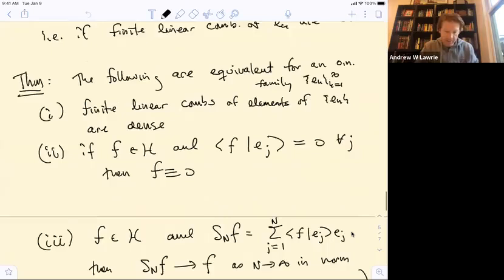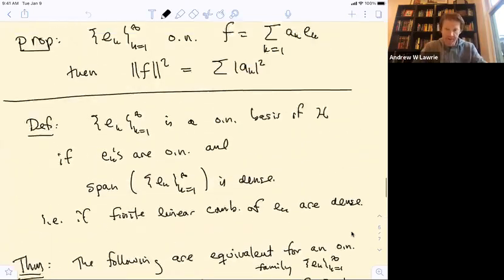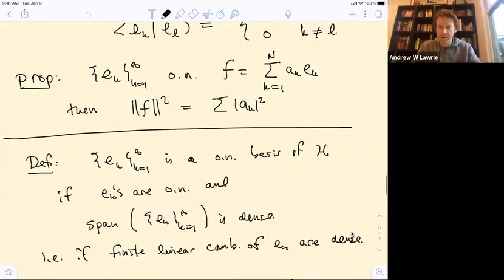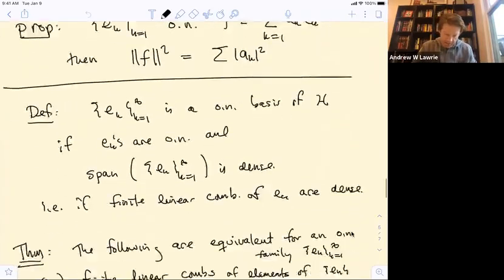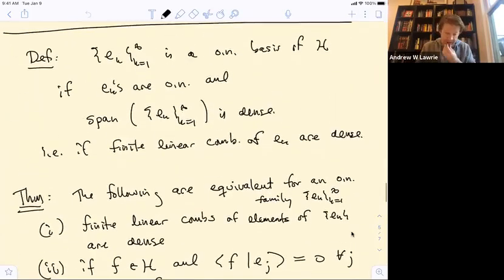All right, so last time we discussed Hilbert spaces a bit, and we ended by defining what it means to be an orthonormal basis of a Hilbert space. In particular of interest to us are infinite dimensional Hilbert spaces.